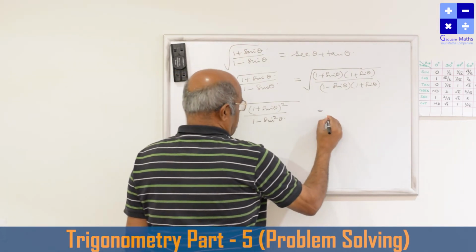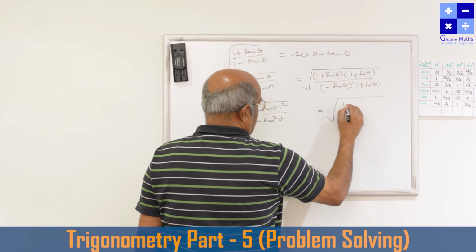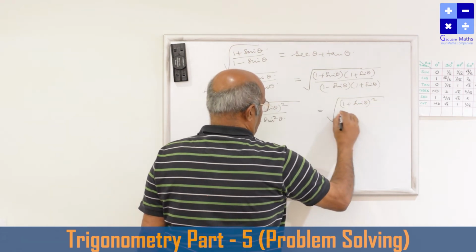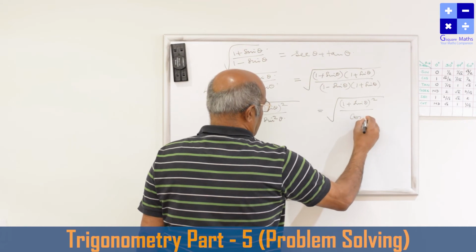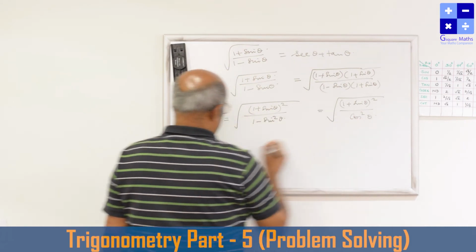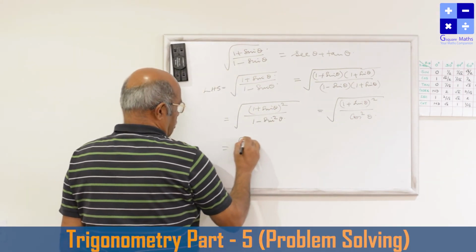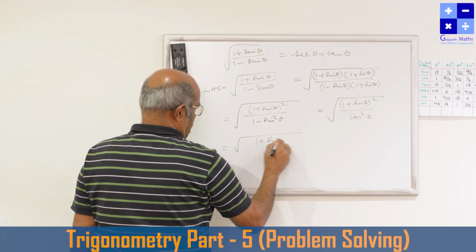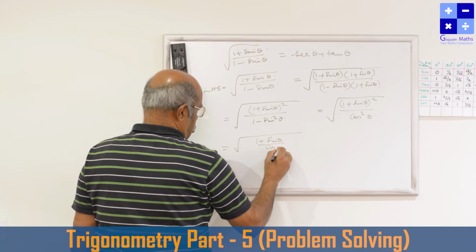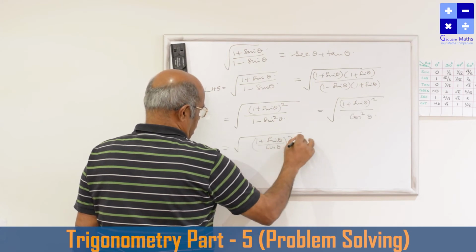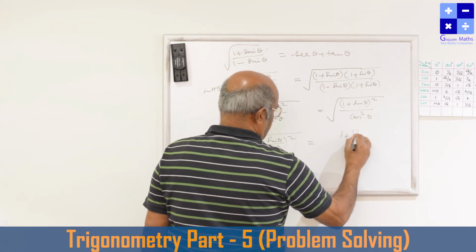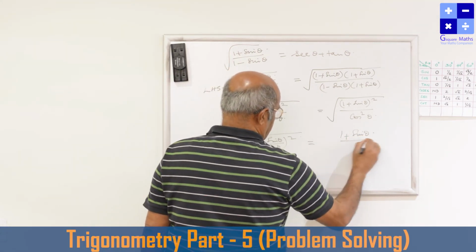So that is equal to root of 1 plus sin theta whole square by cos square. That can be written as 1 plus sin theta by cos theta whole square. That can be written as 1 plus sin theta by cos theta.